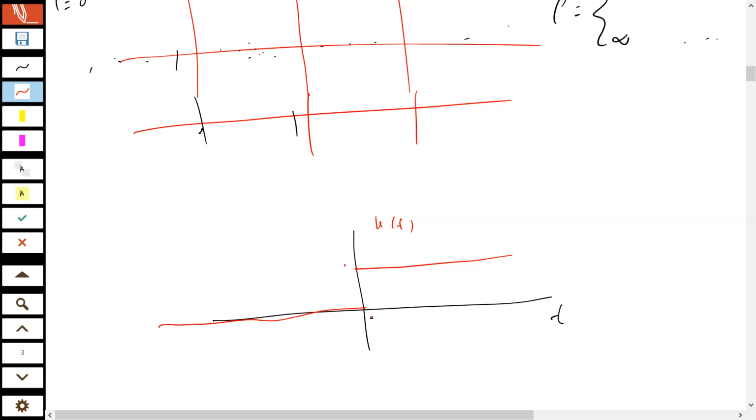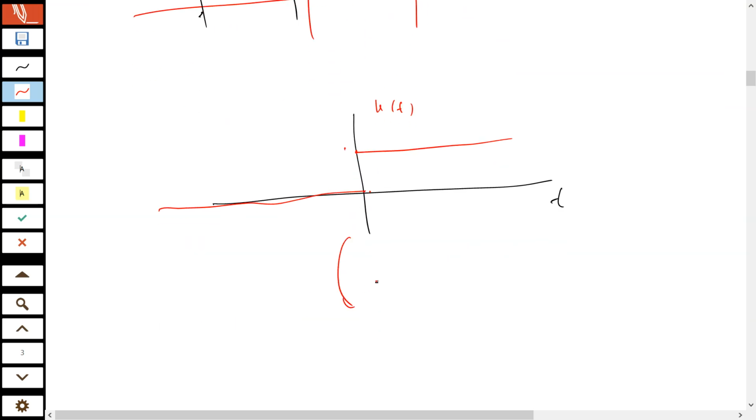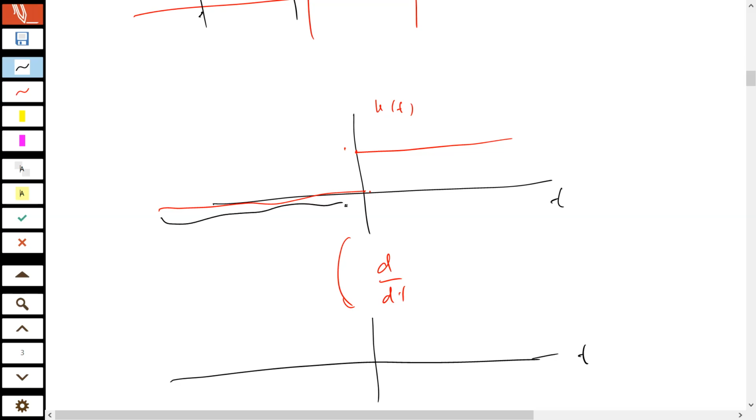Now I want you to differentiate this. When you differentiate this, what is the derivative in this region? It doesn't change, so the derivative is also 0.